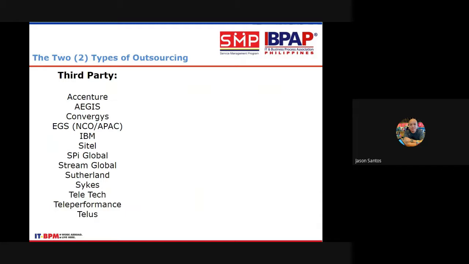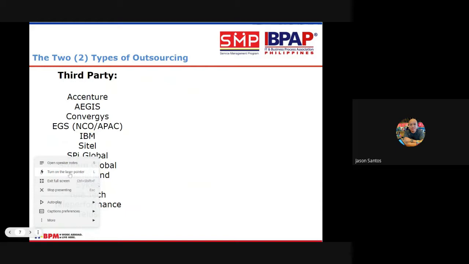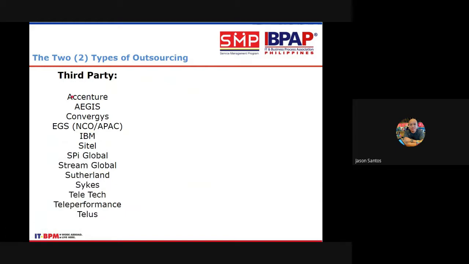So let me put an example. Accenture. Inside Accenture will be multiple accounts for multiple businesses globally. Let's say there's this business A, and then there's business B, and then there's business C, and then they are all paying Accenture for their services to put up a call center or a contact center.